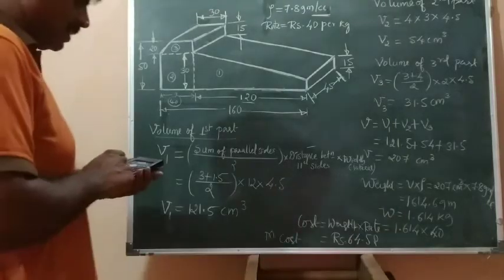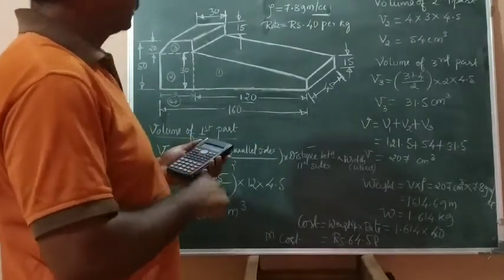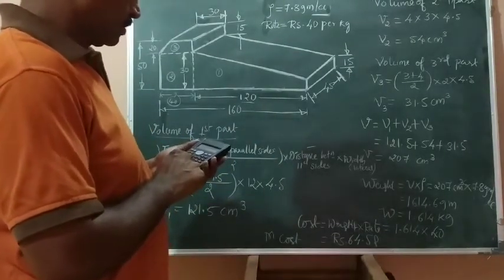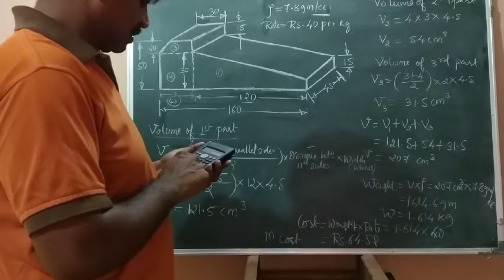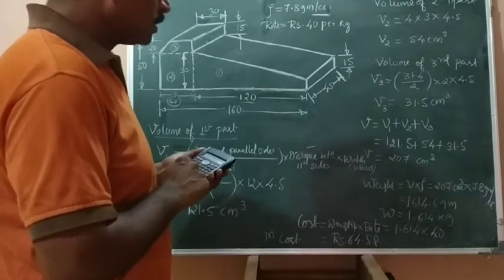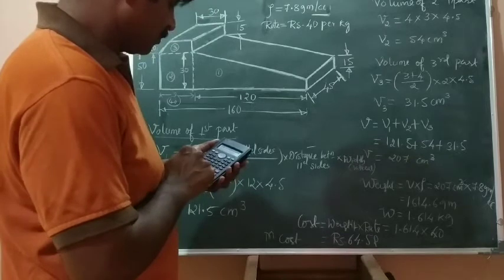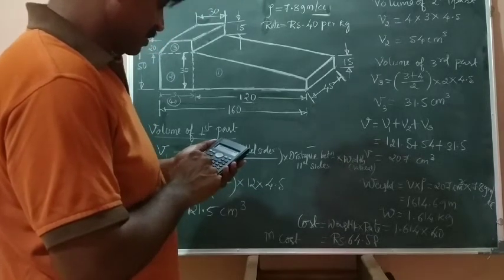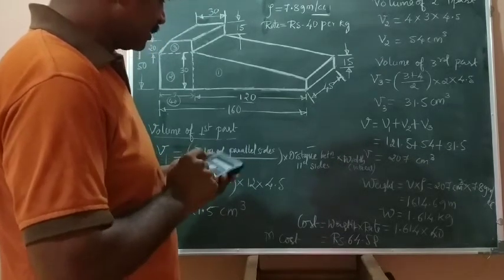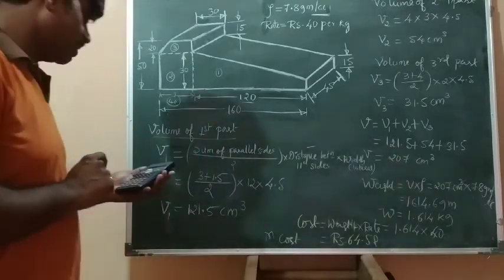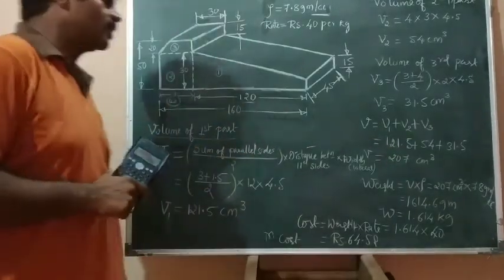Once again I calculate: 1.614 into 40. So 64.58 rupees is the material cost.